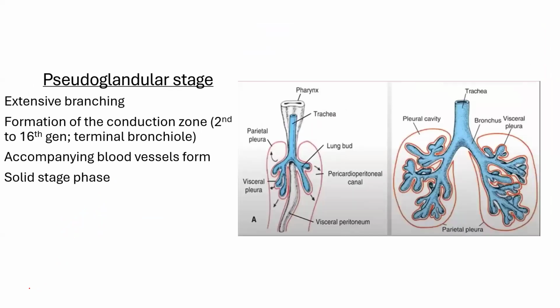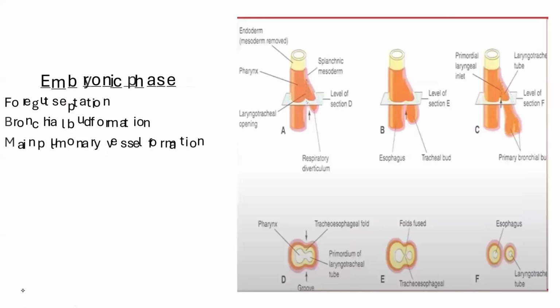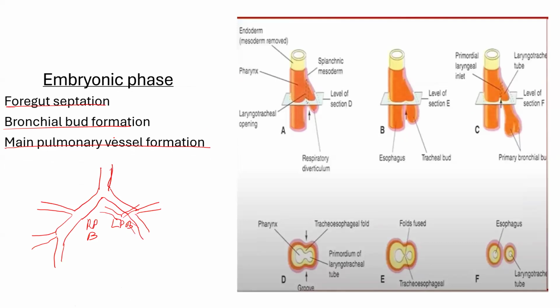And now what happens in the pseudoglandular stage? There is extensive branching, where you have formation of the conduction zone. So the conduction zone is formed during the pseudoglandular stage, okay? The principal bronchus, I've gone back to the embryonic stage.